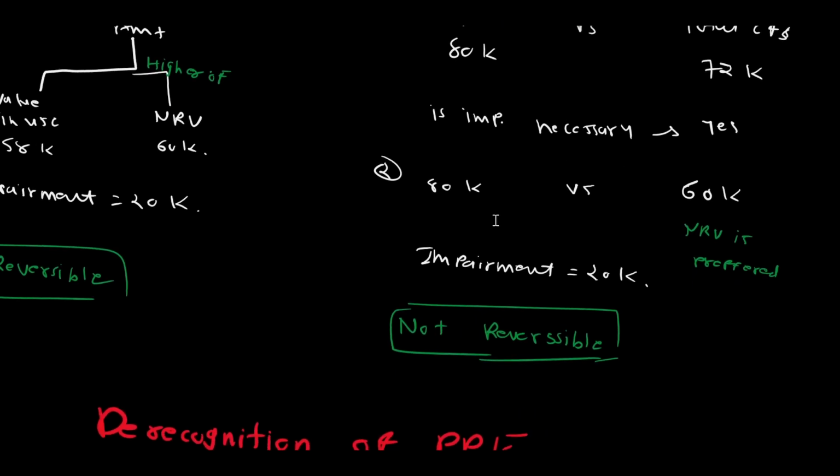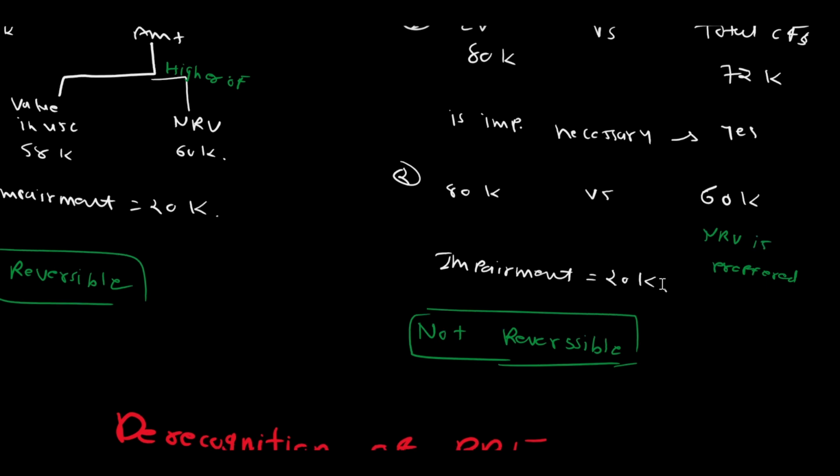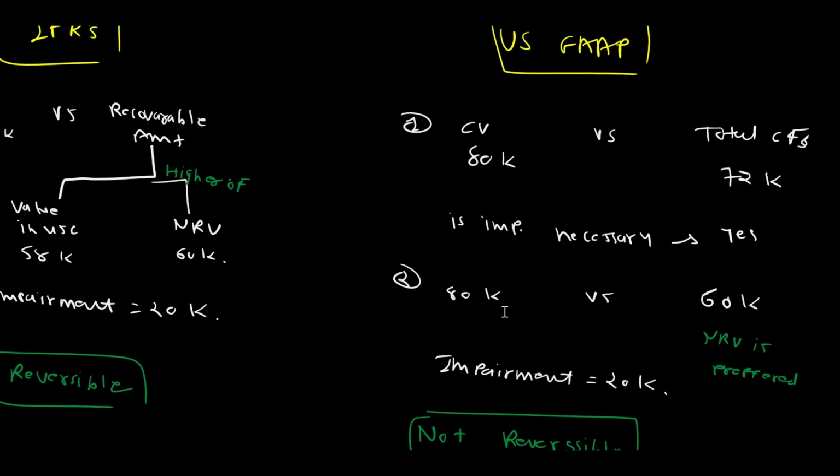So 80k was my carrying value versus NRV 60k. NRV is always preferred over the present value of the future cash flow. So my NRV is 60. So here also 20k will be my impairment, and here impairment is not reversible in US GAAP.